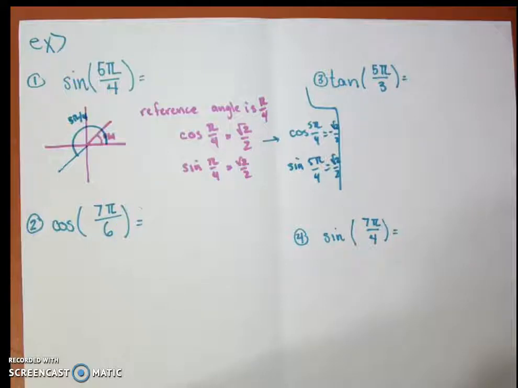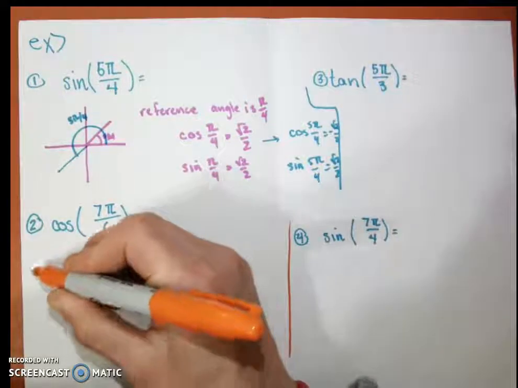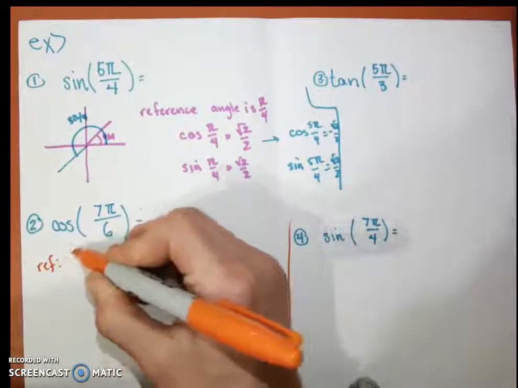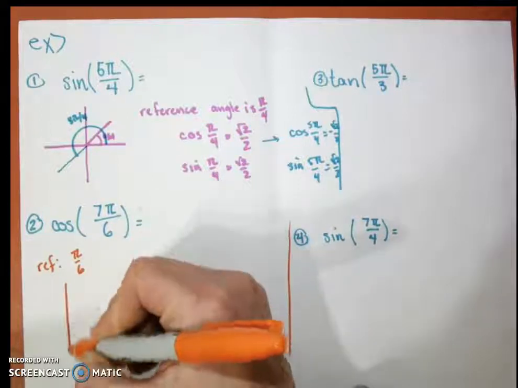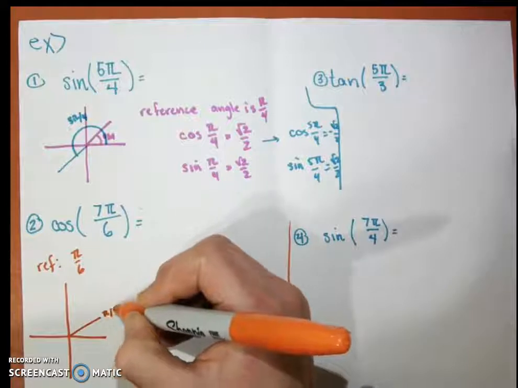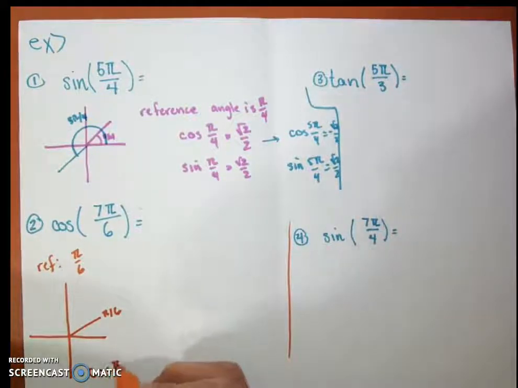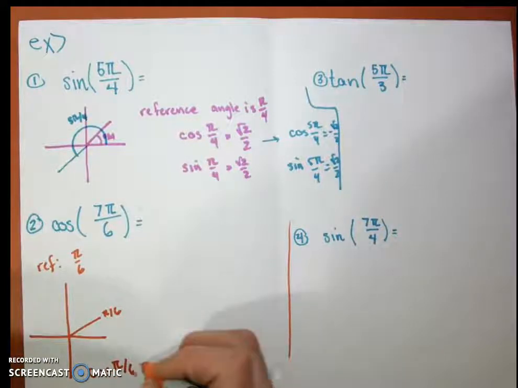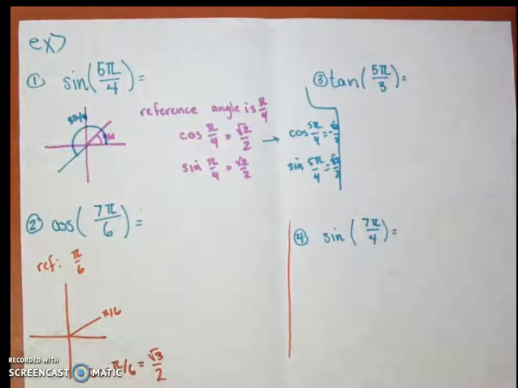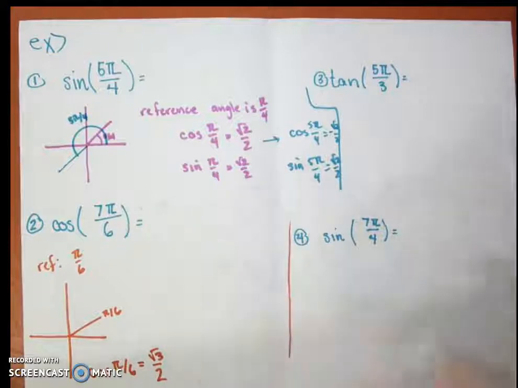And we'll go to the next example, cosine of 7 pi over 6. In this example, my reference angle is pi over 6. So pi over 6 is in quadrant 1. We know that cosine of pi over 6 equals root 3 over 2. But I'm interested in the cosine of 7 pi over 6.